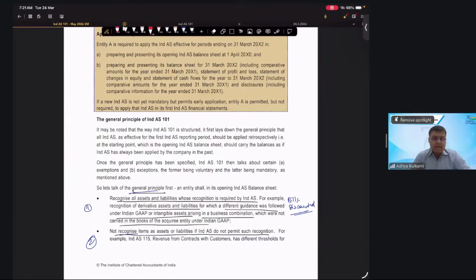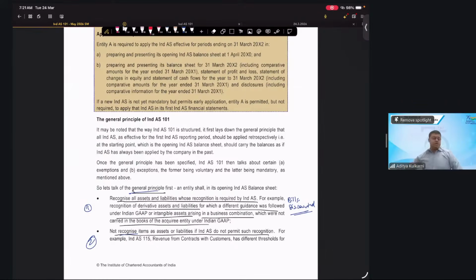But under Ind AS, you can recognize proposed dividend only after shareholders' approval. So you will ultimately de-recognize that liability, because you have to recognize it only at the time of payment. Are we okay with this?